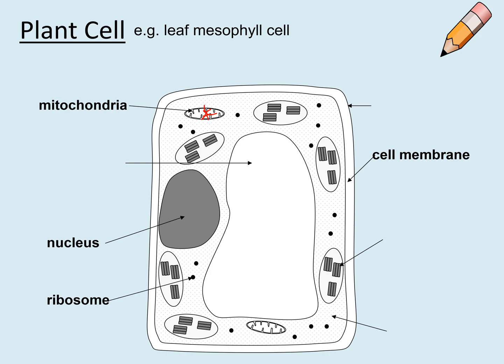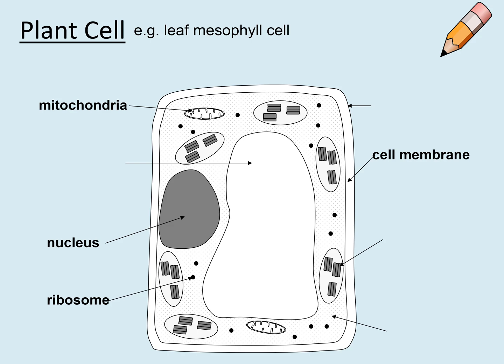Its function is the site of aerobic respiration, and it produces a lot of your energy. But what you want to say for function is that it's the site of aerobic respiration. We'll go into more detail about the mitochondrion when we come to respiration, which is another key area topic of this course.